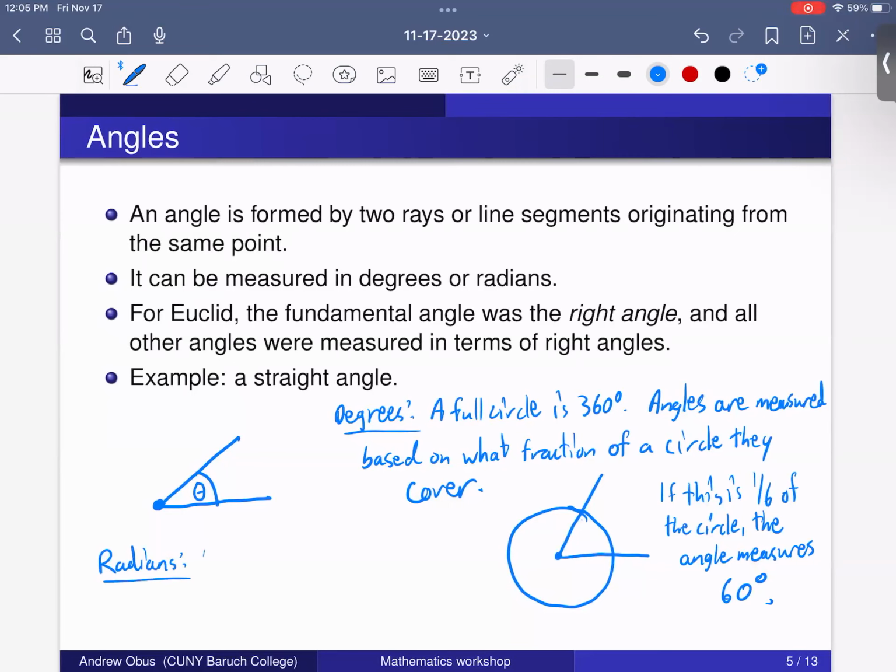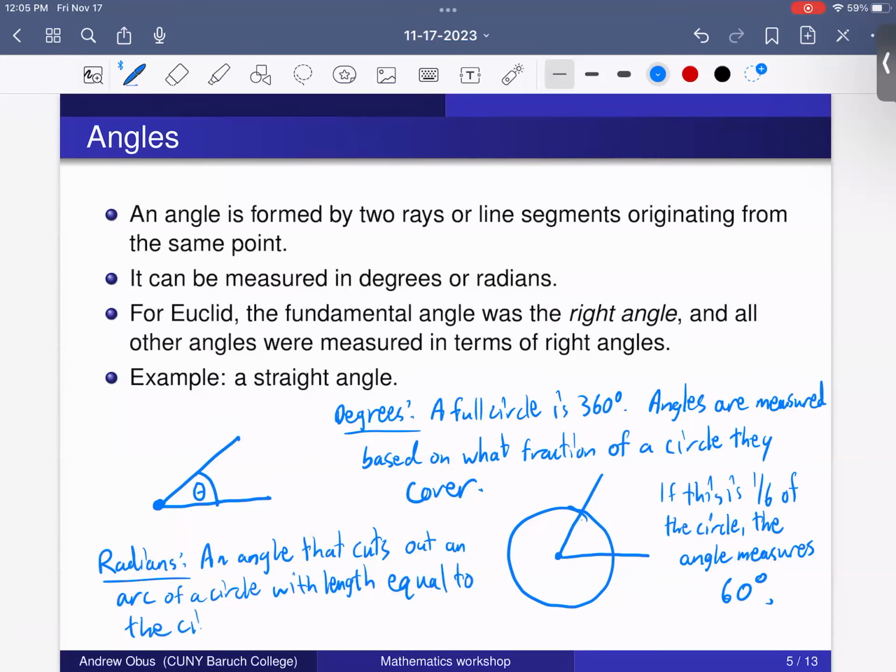So radians are an angle that cuts out an arc of a circle with length equal to the circle's radius is 1 radian.